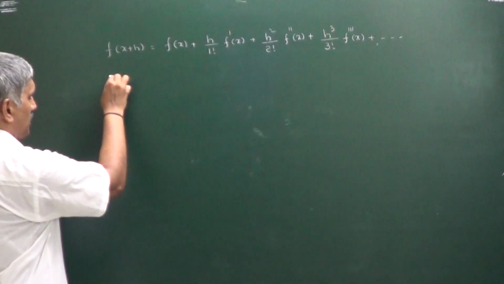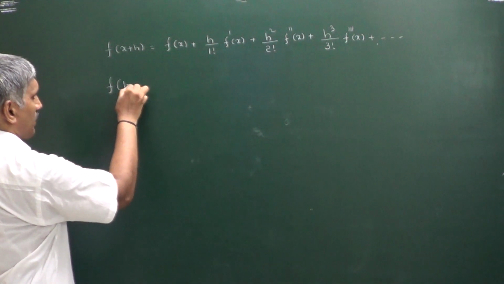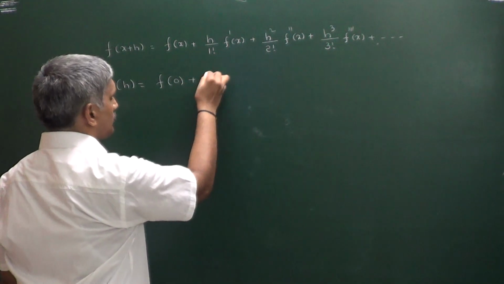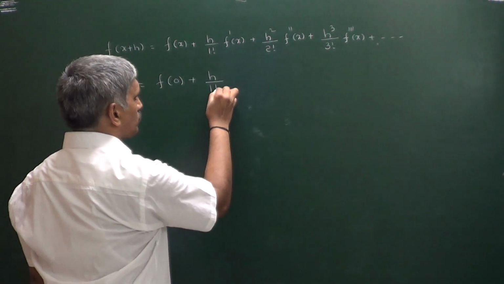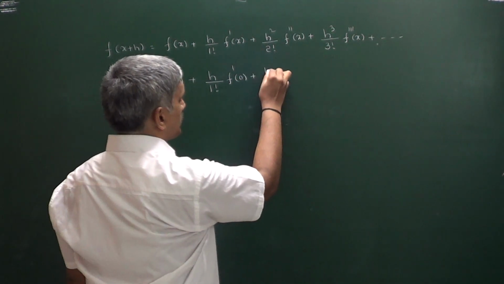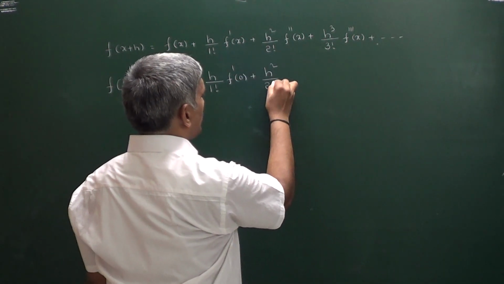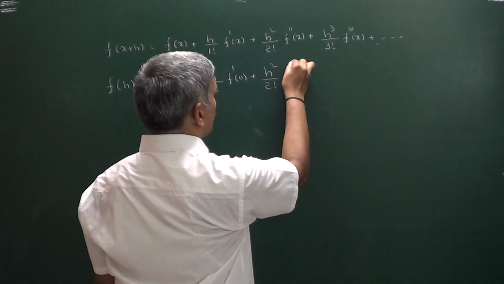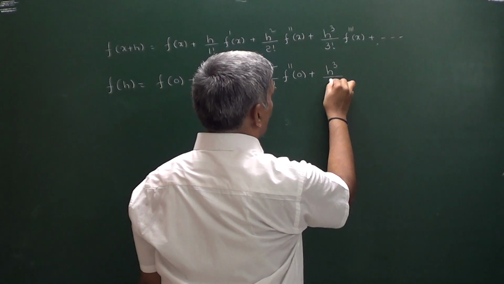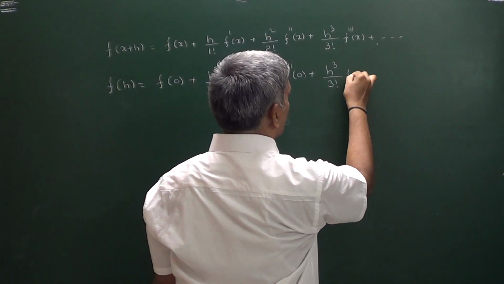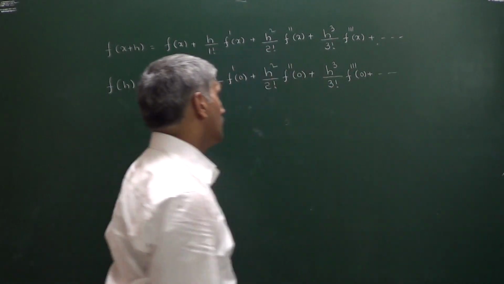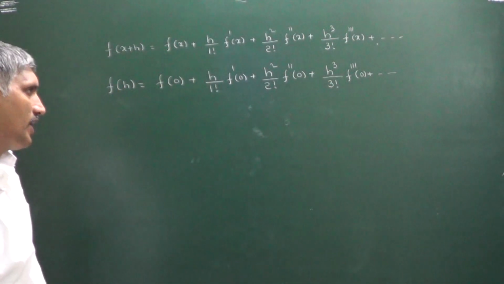Now what I am doing here is put x is equal to 0. If I put x is equal to 0, what happens? f of 0 plus h by 1 factorial into f dash of 0 plus h square by 2 factorial into f double dash of 0 plus h cube by 3 factorial into f triple dash of 0 plus and so on. That is f of h.